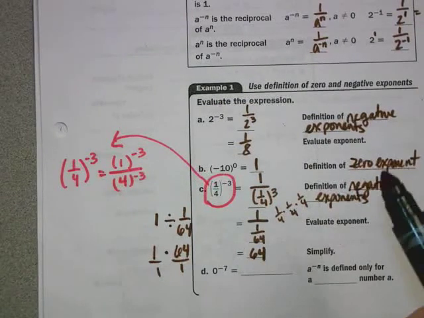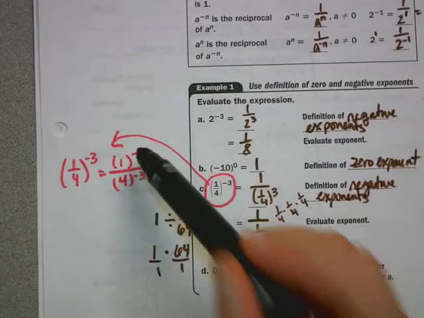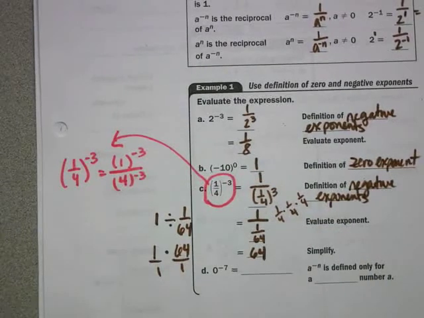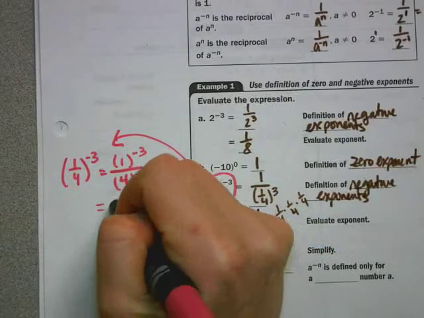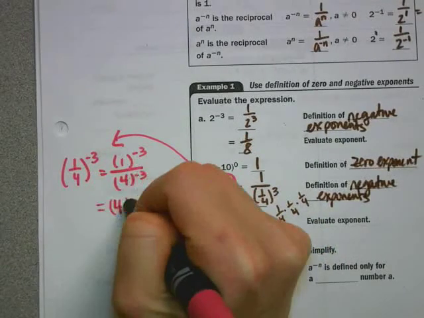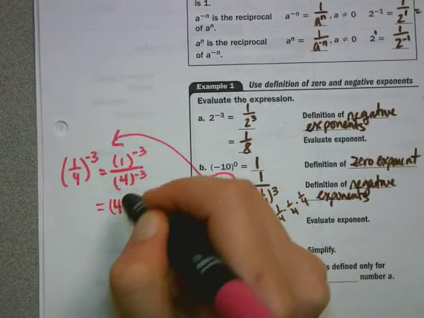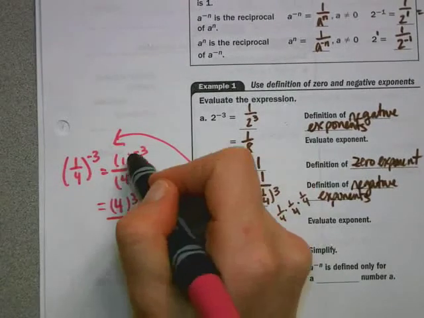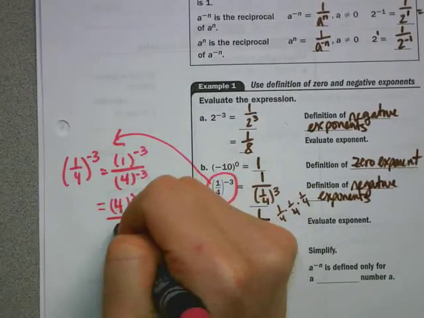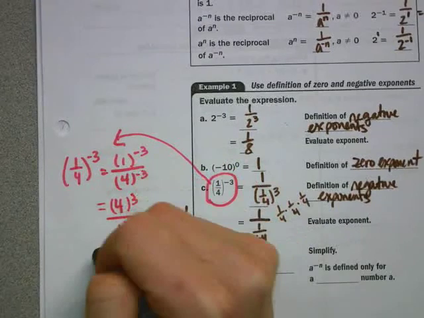So now I'm going to use my rule of negative exponents, and I'm going to flip where these are at and lose the negative sign. So this becomes a 4 on top raised to the third power. It lost its negative because I moved it to the other half of the fraction. And then this one is 1 to the negative 3, so it's going to move down and be 1 to the 3.